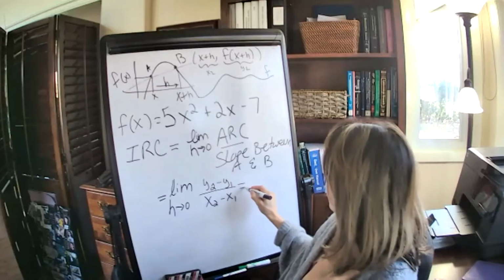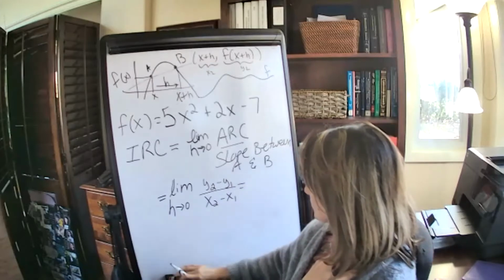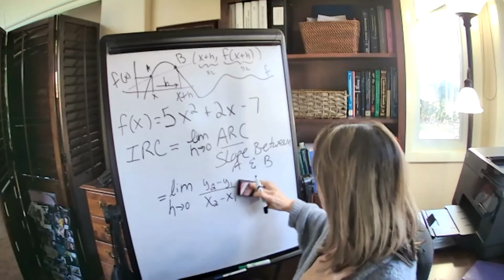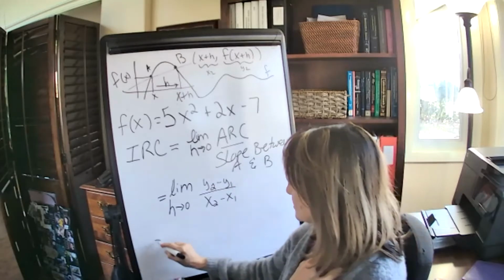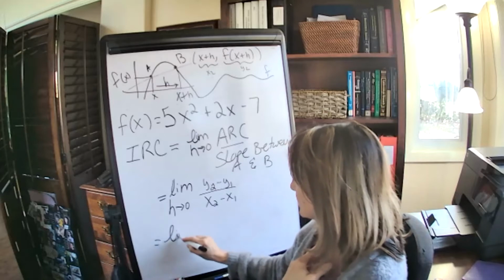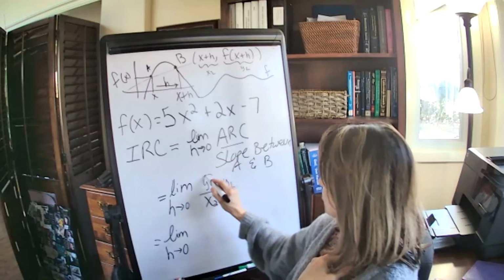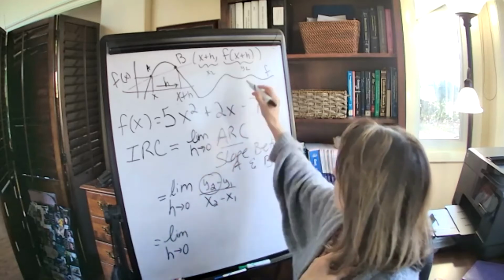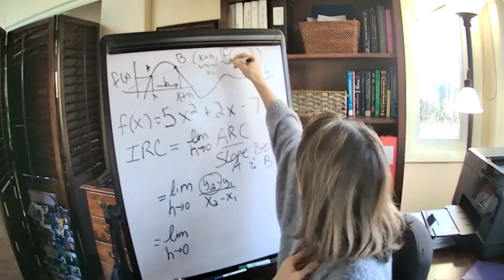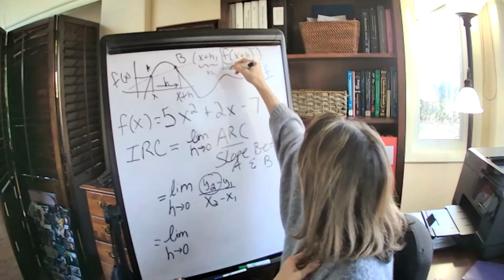All right, so what is that? Well, I'll write it down here below. So this is equal to the limit as h goes to 0. So what's y2? Y2 is the height on the b function. So that's f of x plus h.